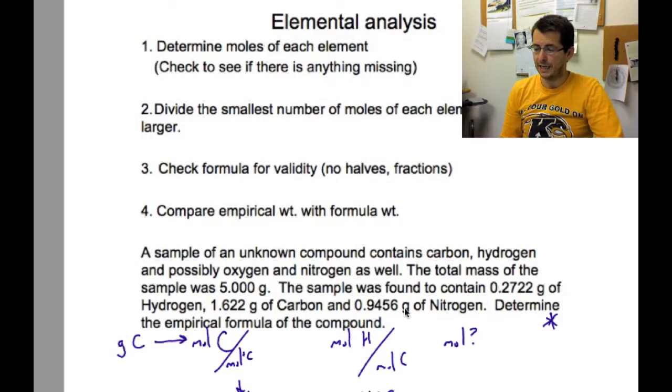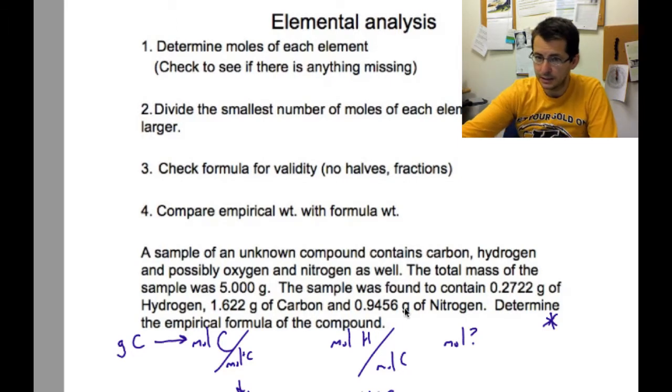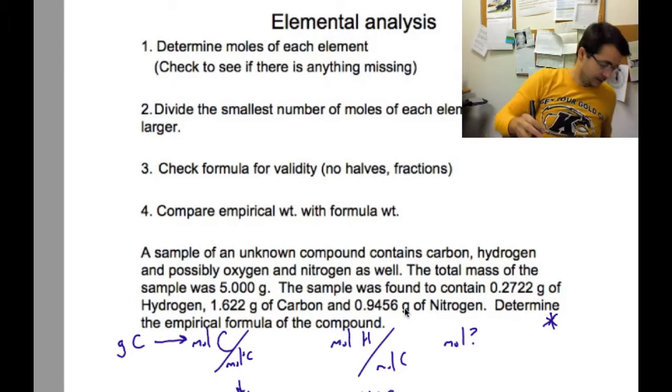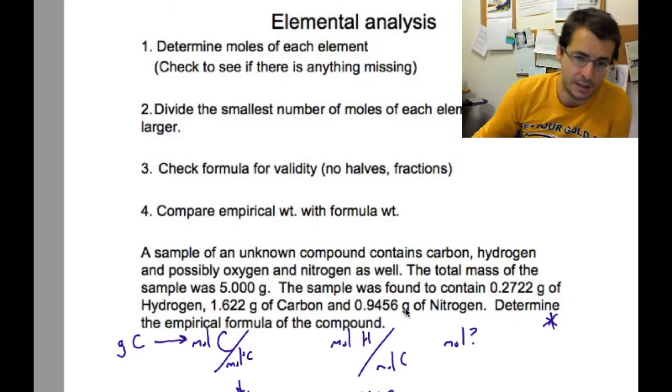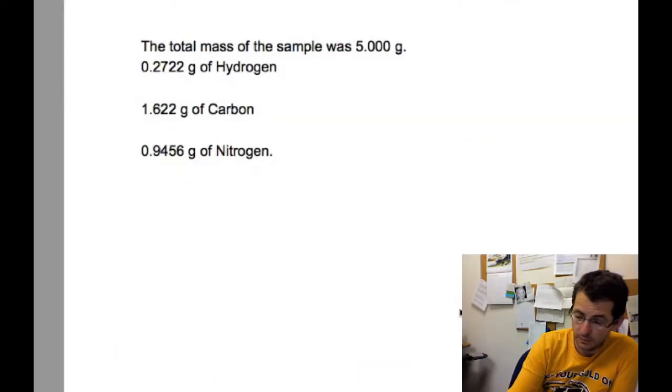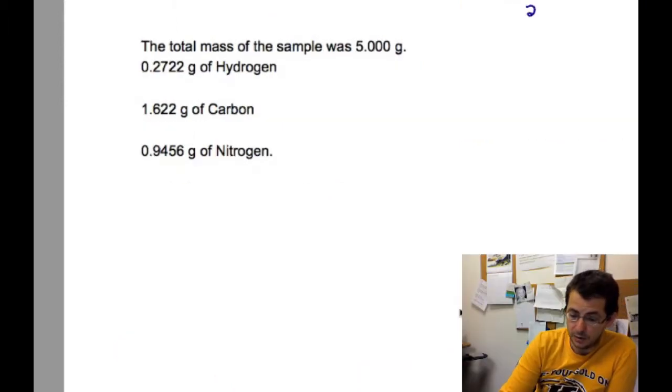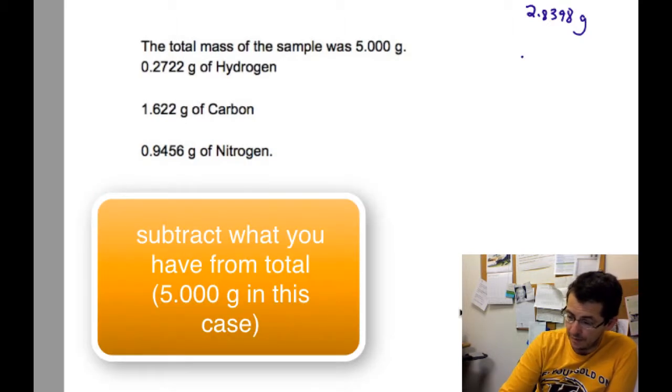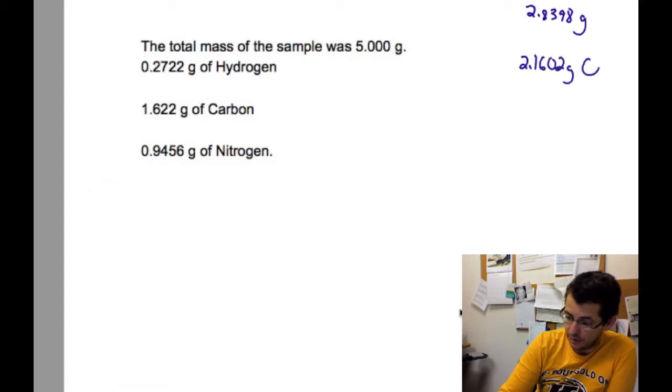Now, just by looking at that, you can see that it looks like there's some oxygen missing. How much oxygen? Well, so the total mass was 2.8398 grams. That means that the remaining mass, 2.1602 grams, was oxygen.